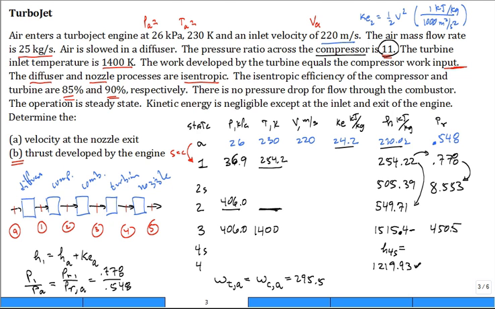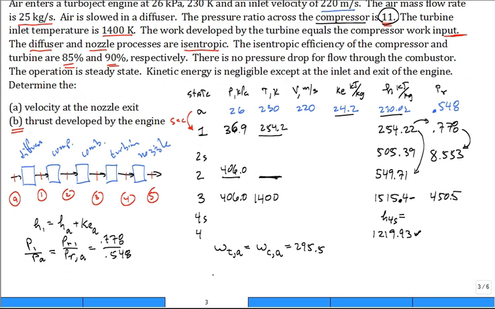The work of the turbine isentropic, is that going to be the work of the turbine actual multiplied by the isentropic efficiency of the turbine, or divided by it? Which? So it's going to be this. You agree? And that isentropic efficiency is 90% for the turbine.